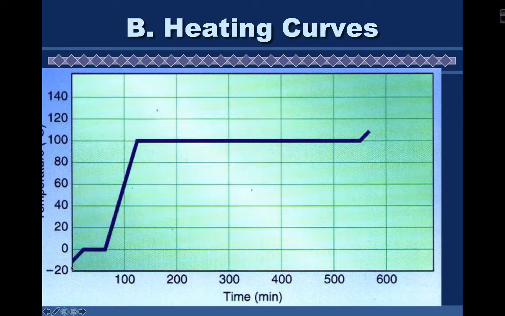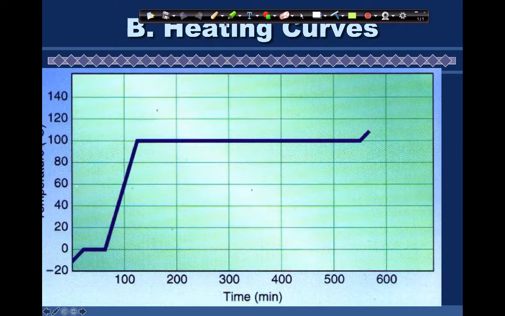You notice that it doesn't look like a straight linear line. So I don't have a line that goes like this with the temperature going up and up and up as time goes on. So I actually have these places where the line is completely flat and the temperature is not changing.